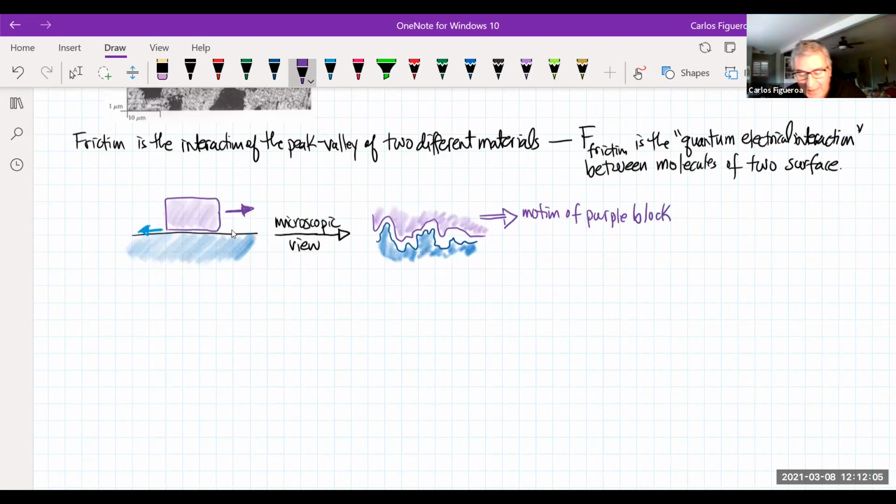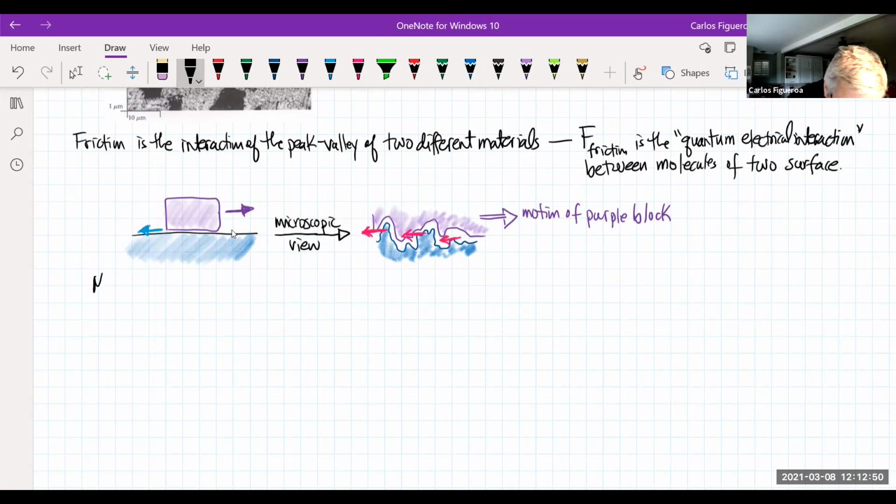What you're seeing here, as the purple block is trying to move across, is that this blue peak right here is applying a force in that direction. And this blue peak is applying a force in that direction. And maybe this blue peak is applying a force in that direction. As they interact, you're essentially trying to move peaks and valleys over a different set of peaks and valleys, right?